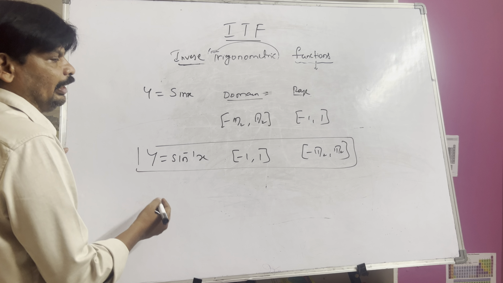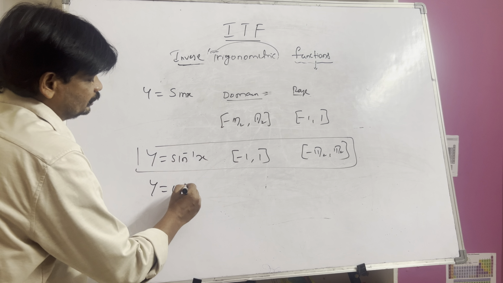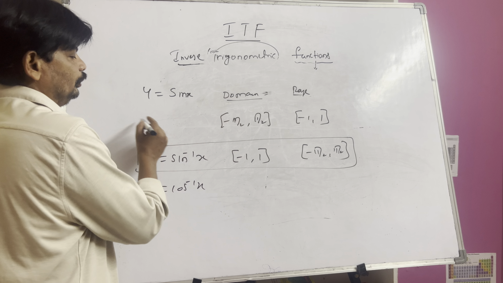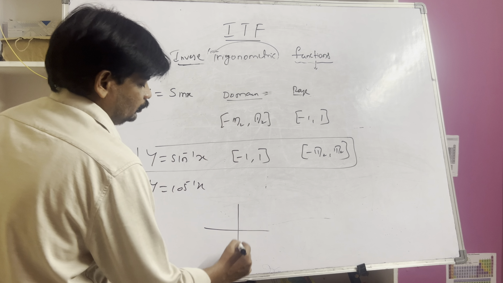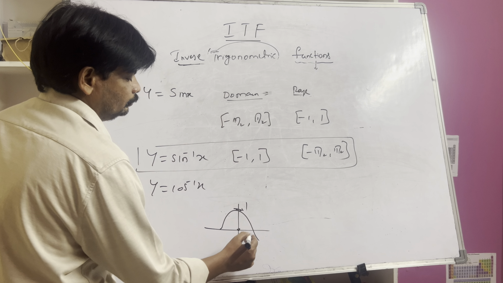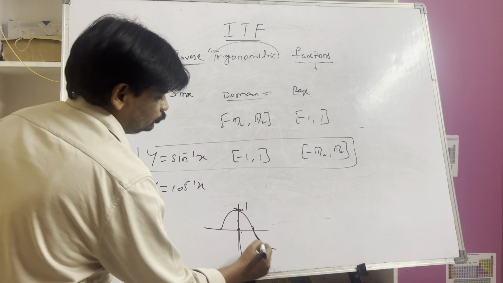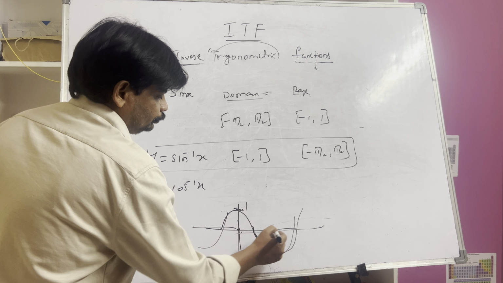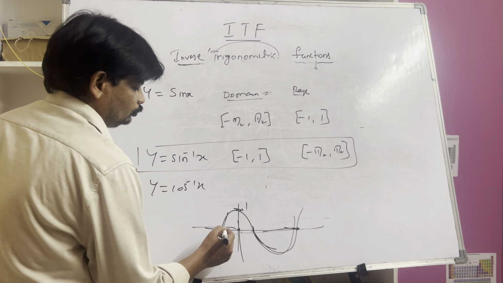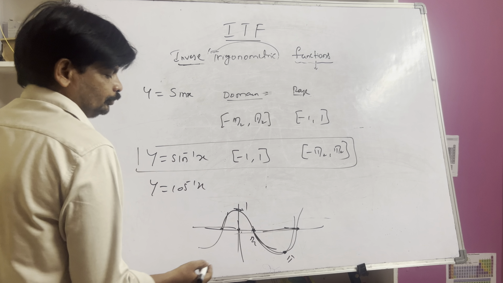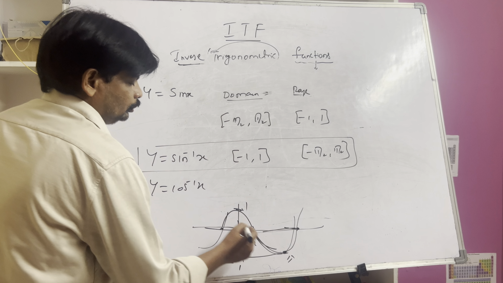Similarly, we can write for cos inverse x also. We know that the cos function will be like this. At 0 it has plus 1, and it oscillates through pi by 2 to pi, where it has minus 1.